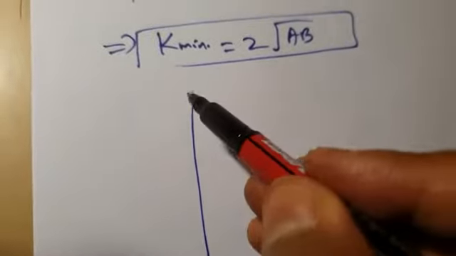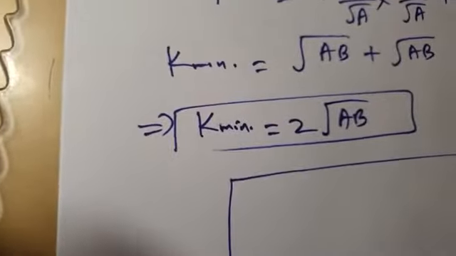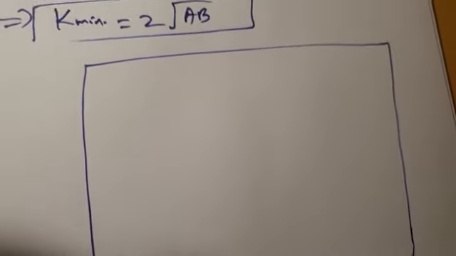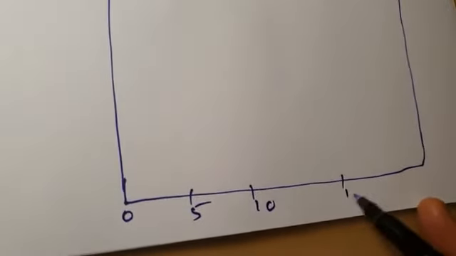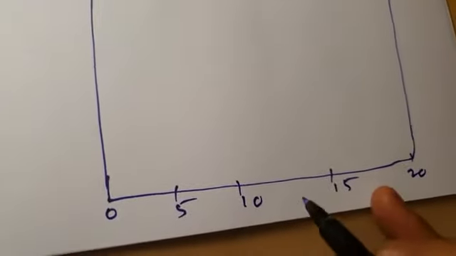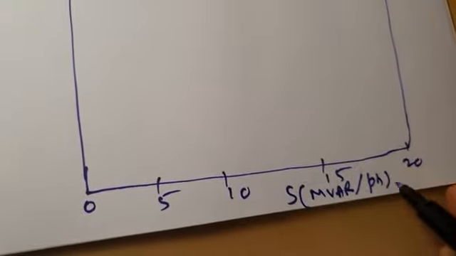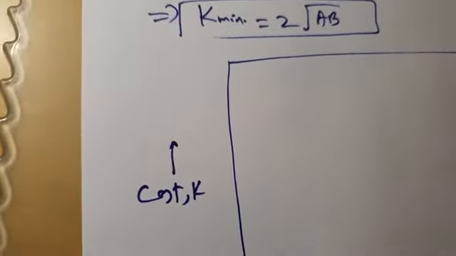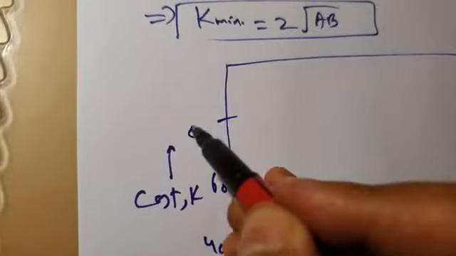So therefore I can plot the variation of cost of filter with a rating like this. So this is 0, 5, 10, 15, 20. S is megawatts per phase. This is the x-axis, and the y-axis is cost K. Say $20, $40, or per unit 60, 80, and 100.